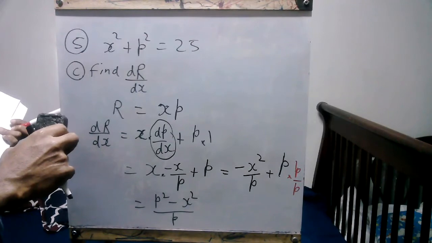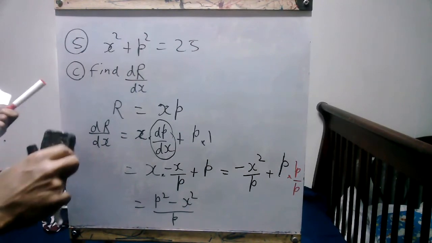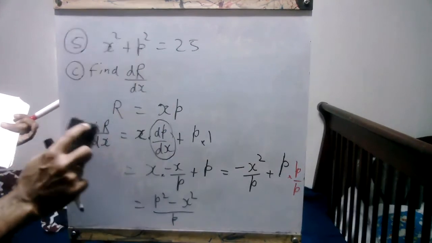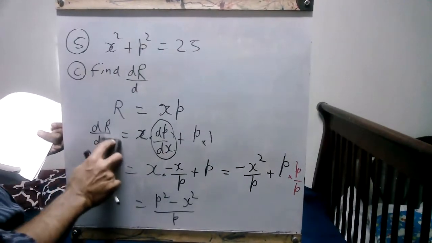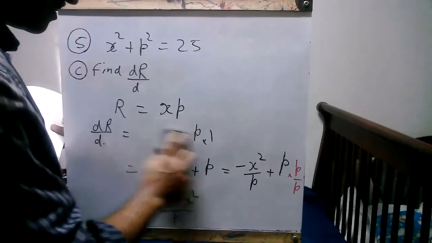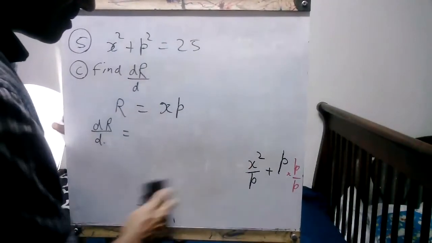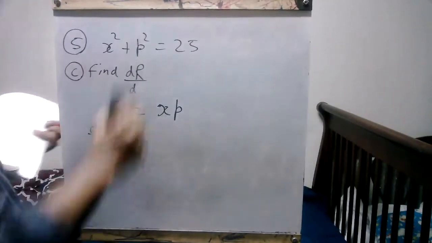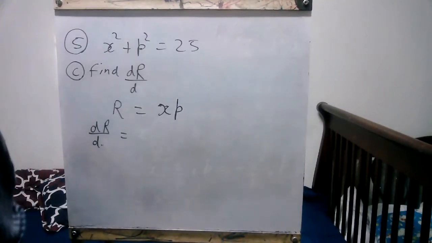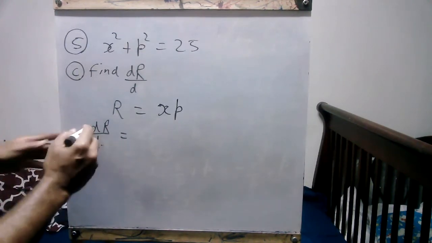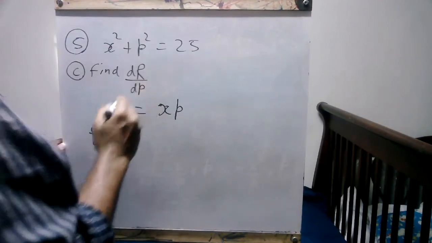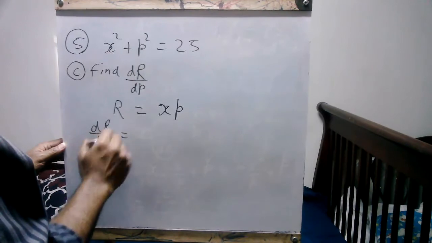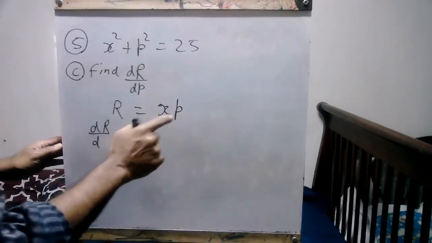Now part D, dR/dp. We want to find dR/dp. R is the same thing, x times p.